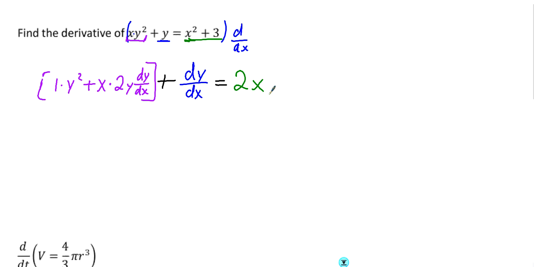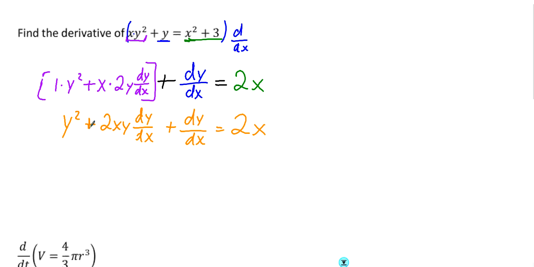But we're not done, because we have to get dy over dx by itself. So let's rewrite this so that it's easier to read. I've got y squared plus 2xy dy over dx plus dy over dx equals 2x. Notice that I have 2 things with dy over dx: 2xy dy over dx and plus dy over dx.